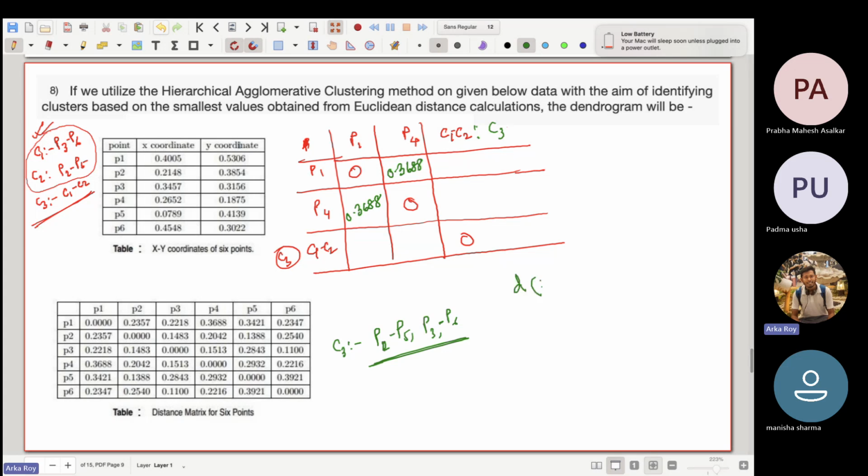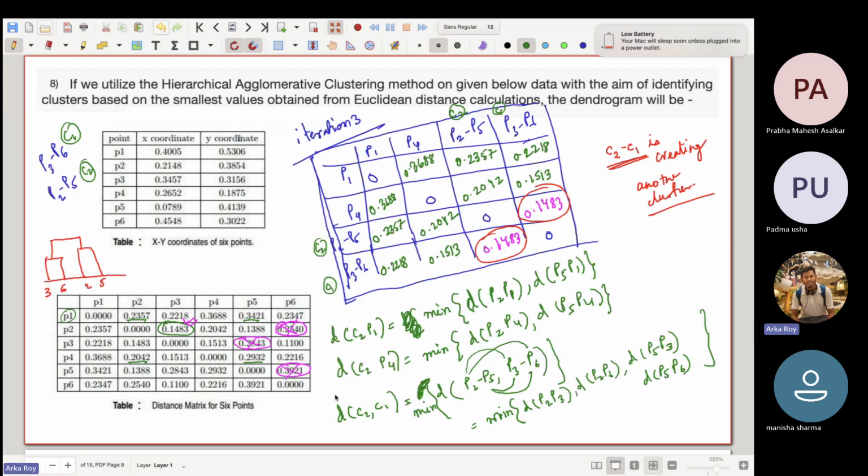Now you have to calculate distance from P4 to C3, which is basically minimum of D P4 C1 and D P4 C2. Now let us see whether we have the values or not.